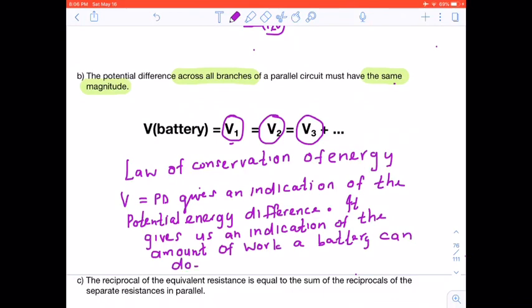That's it. So it's essentially a law of conservation of energy.